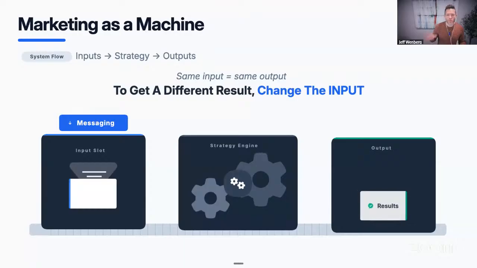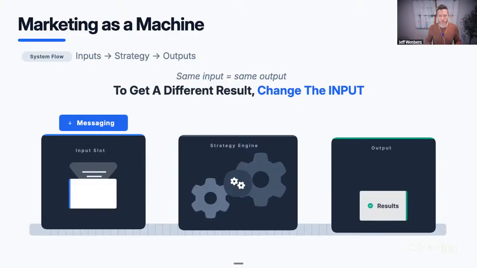Because if you think about marketing like a machine, most people are tweaking the things in the middle, in that strategy engine. They're always, like, oh, let me fix my emails, let me fix my ads, let me fix my sales page, whatever it might be. And then they're hoping for a different result at the end.